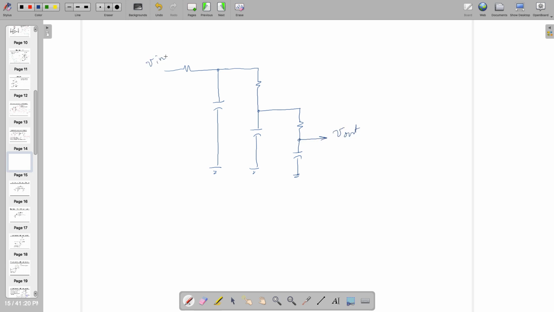It does not look like what it was there. Right, so you need to find out all of them which are loading each other actually. So you have to move accordingly. Okay. So V out by V in is not the same.